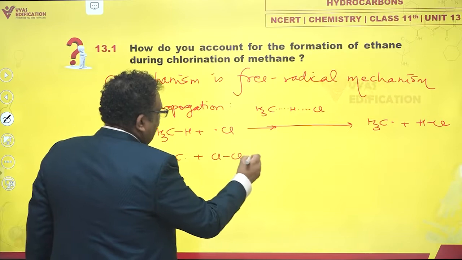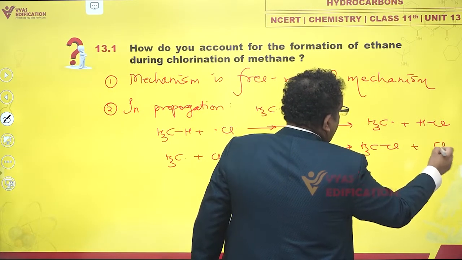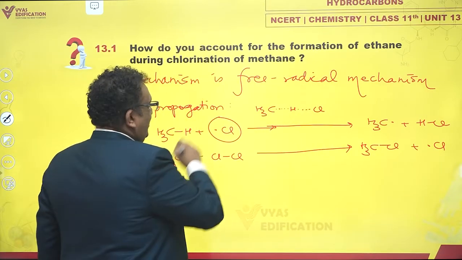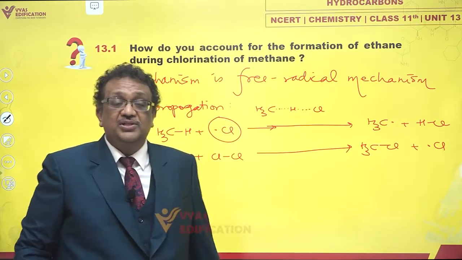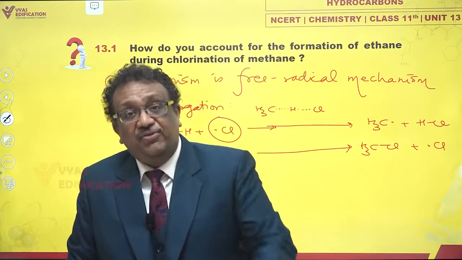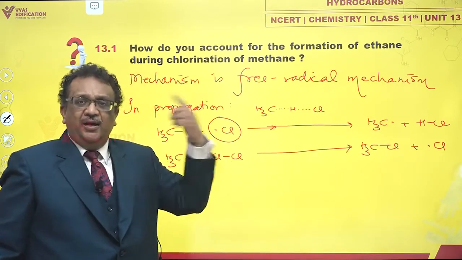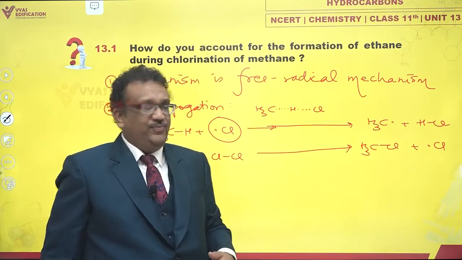In the second step, methyl radical again reacts with chlorine to give you CH3Cl and it regenerates the original Cl radical, and this Cl radical again goes and hunts up another methane molecule, again eats it away, again generates new methyl radical, and this is the cycle which continues, right?